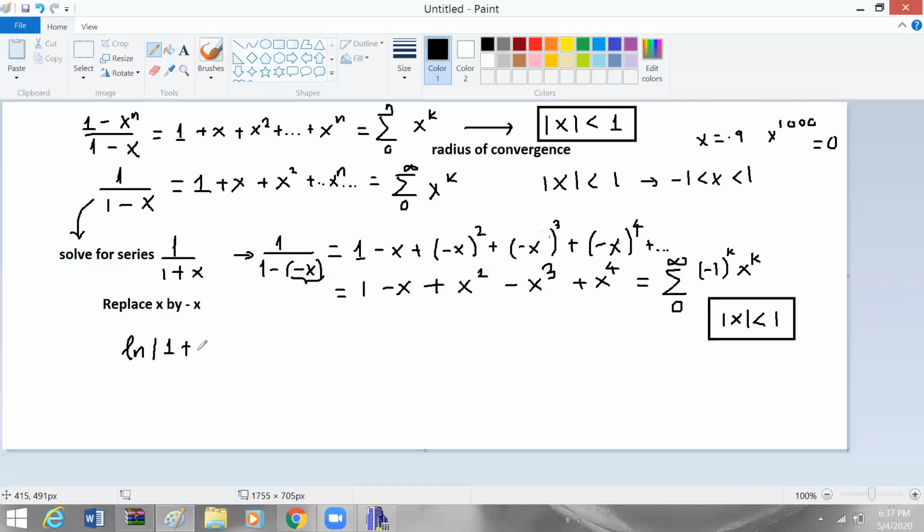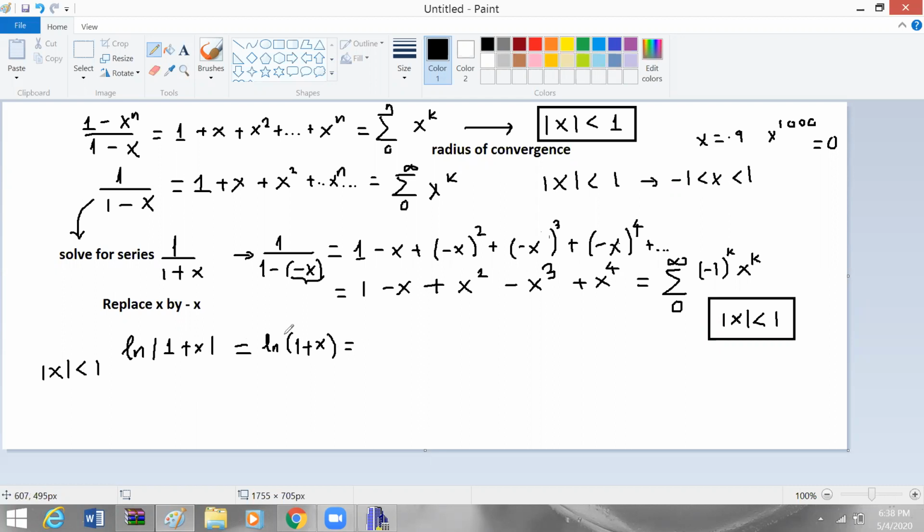By the radius of convergence, x should be between 1 and -1, from the previous example that we have right there. I can also write without the absolute value, because I know that x is less than 1, so the sum has to be positive. So I can rewrite this without the absolute values.